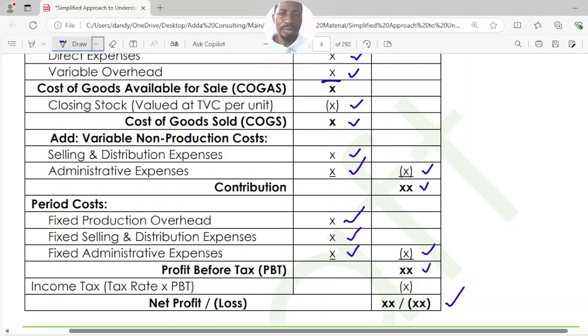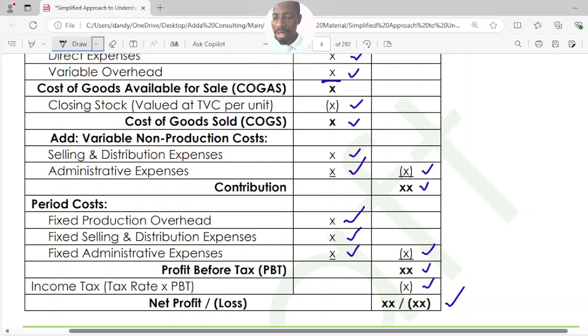Immediately after the profit before tax, you must consider income tax. If you are given tax rates, it means that you must consider income tax. The income tax will be computed as the company tax rate multiplied by profit before tax. For example, if the company tax rate is 30%, I will say 30% of the profit before tax.